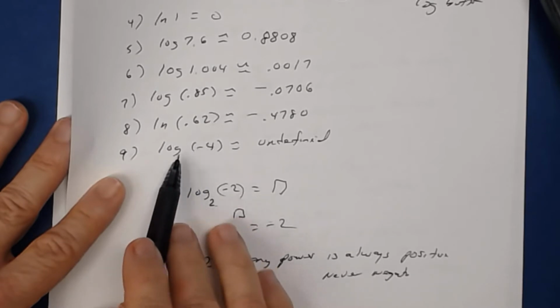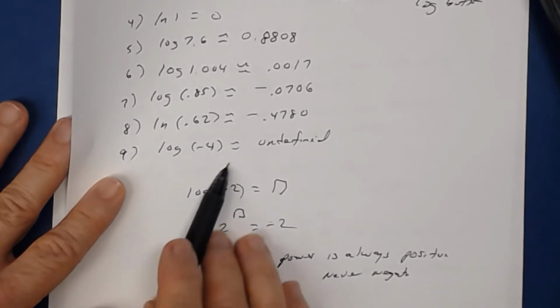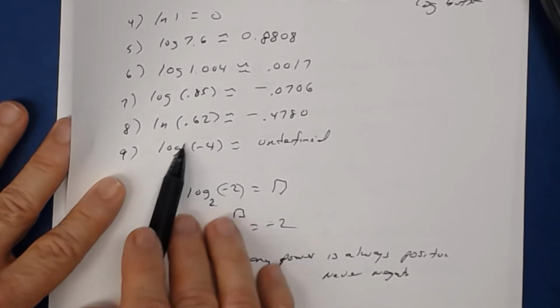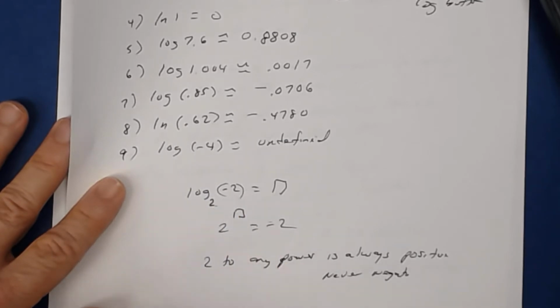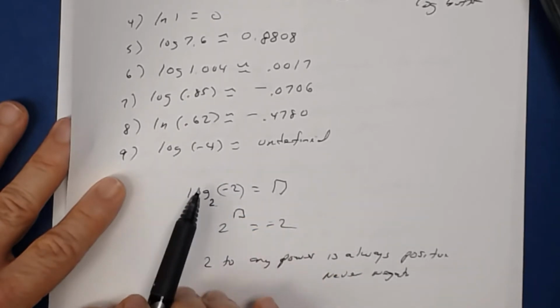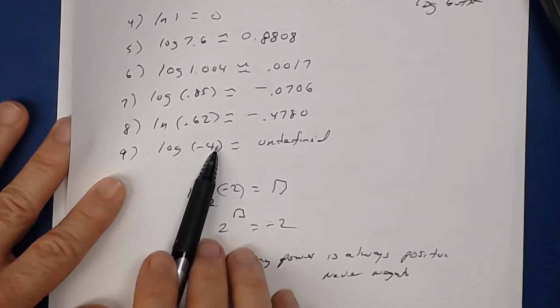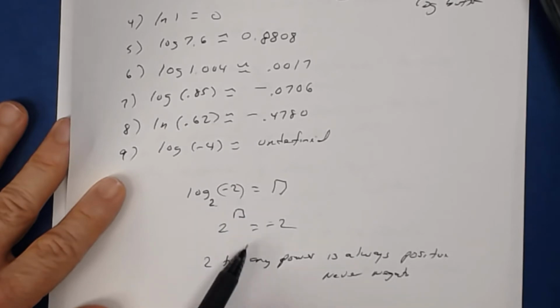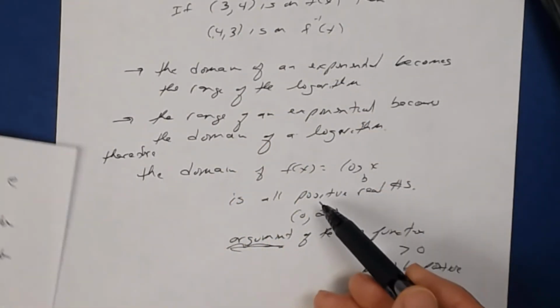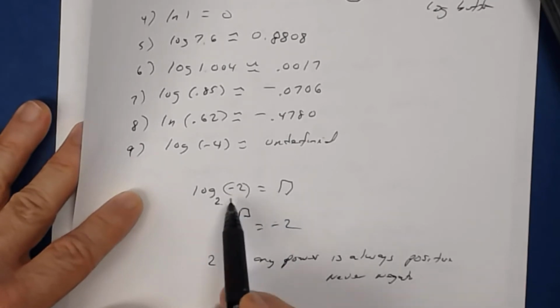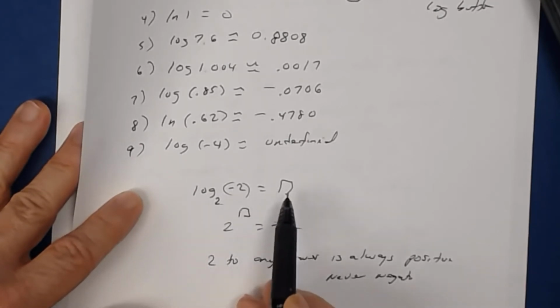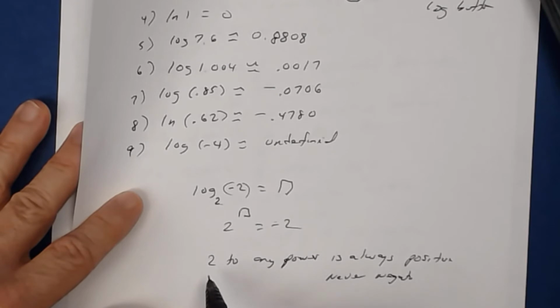So that's why when you take the log of some number, that number must be positive, because this does not make any sense. Okay, make sure you understand that. Make sure you understand why the log of a negative number is undefined based on this. If you try and figure it out, 2 to what power is negative 2, it's not possible.